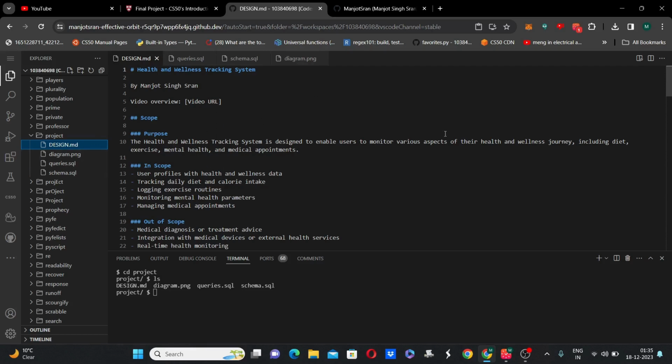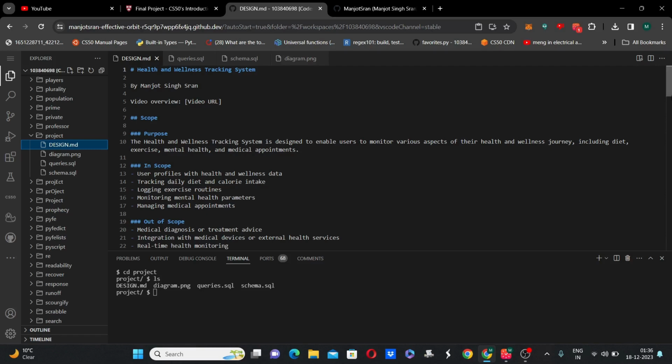This is a file which explains why I have created this project. The basic aim was to create a database to allow people to track various aspects of their health, like their diet, exercise, mental health, and how often they visit doctors.